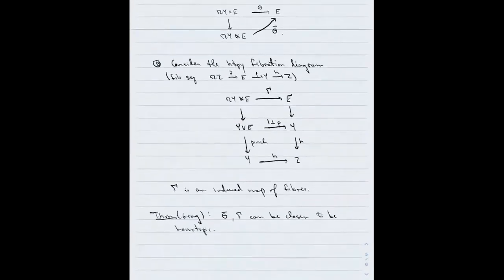And the proof involves turning various homotopy fibrations into actual fibrations and such, and writing down an explicit homotopy.